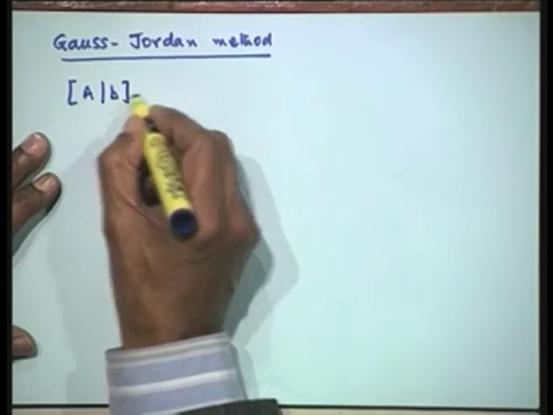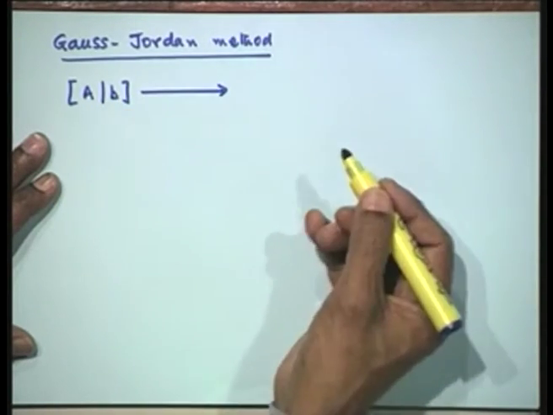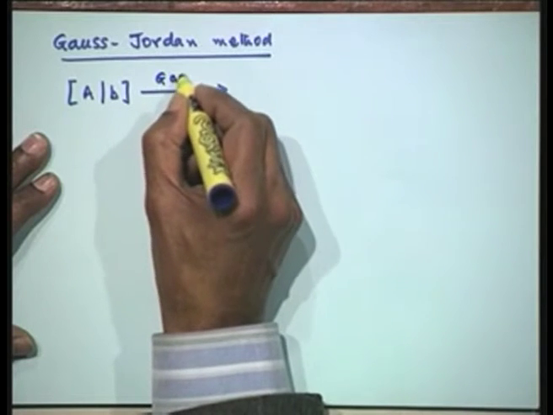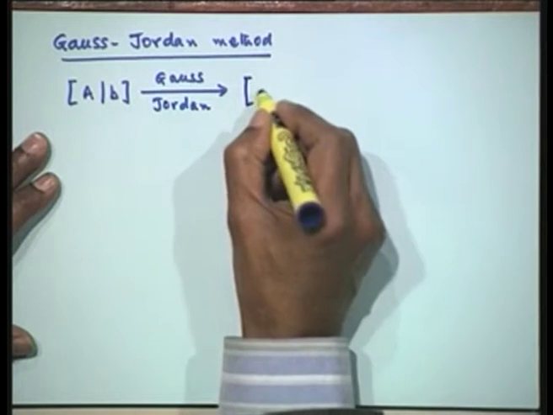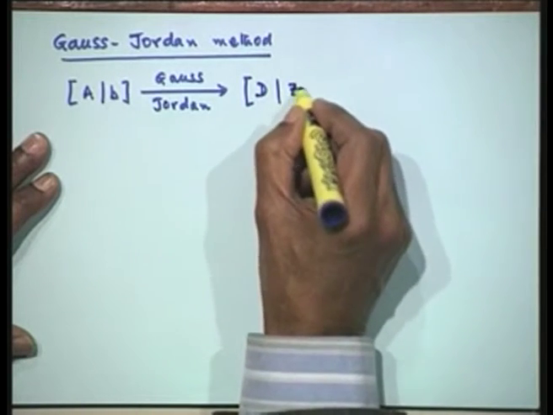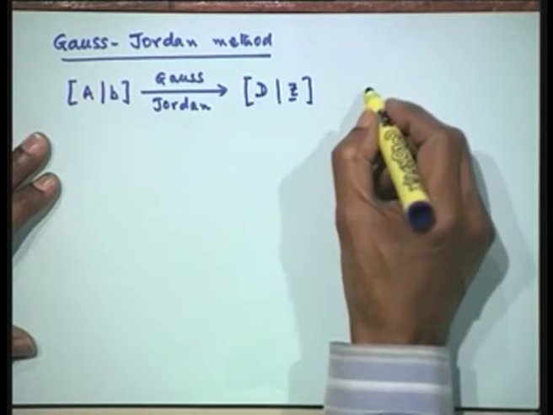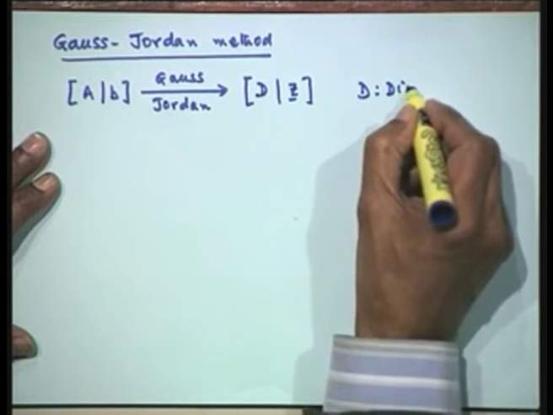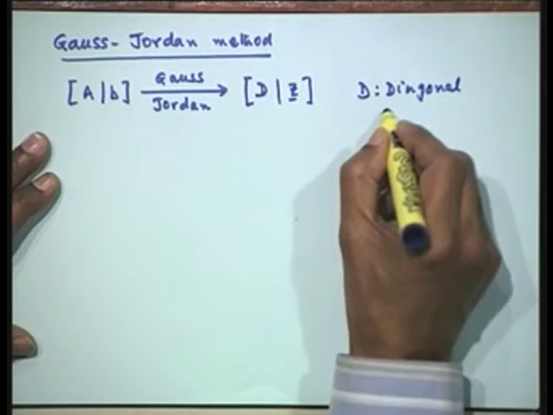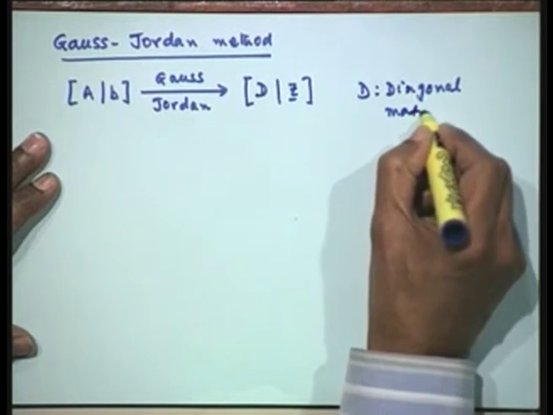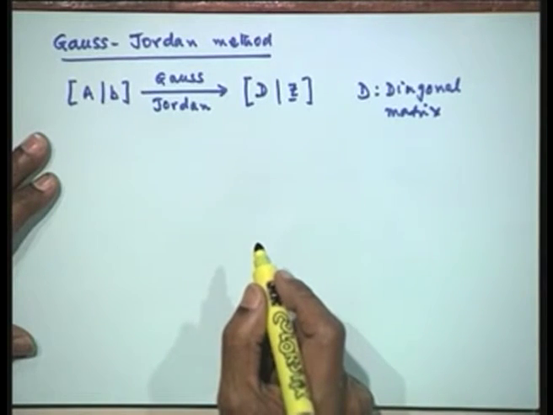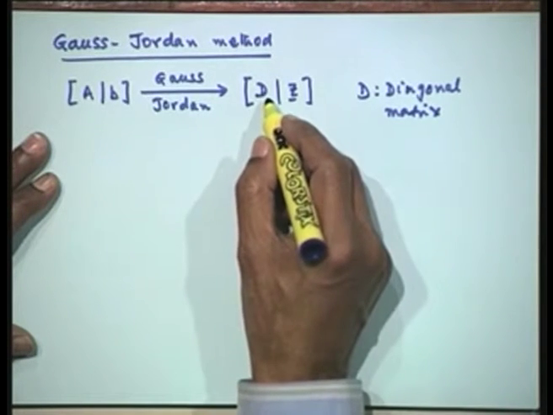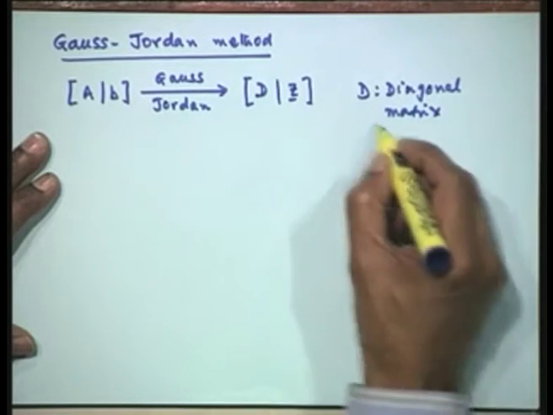So, we start with the augmented matrix AB, and we perform the same elementary transformations. This will now reduce to D Z, where D is a diagonal matrix. Now, once I have D with diagonal elements, what is this matrix?